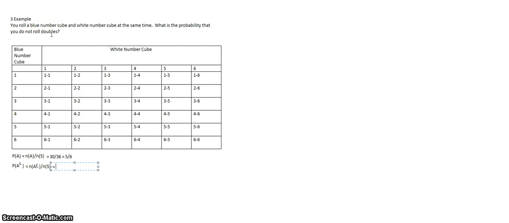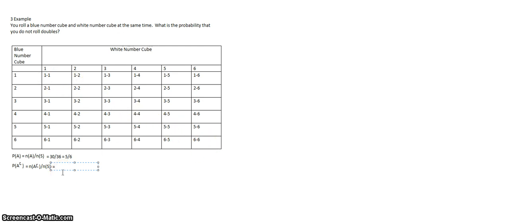This might be a little bit easier in the fact that you don't have to count so many pieces, because for doubles, I only have 1-1, so that's 1 element, 2-2, so that's 2 elements, 3, 4, 5, 6. So I have 6 elements that are doubles.